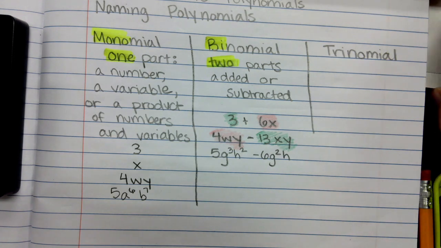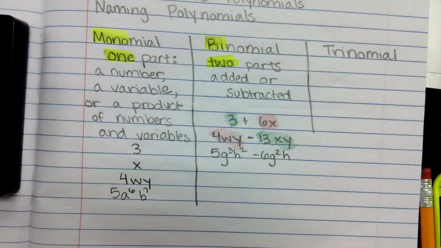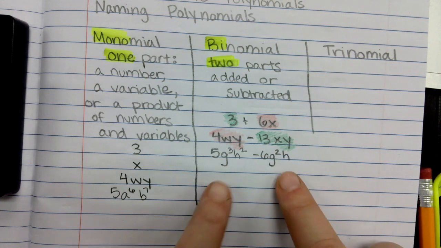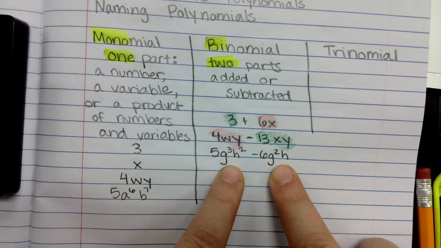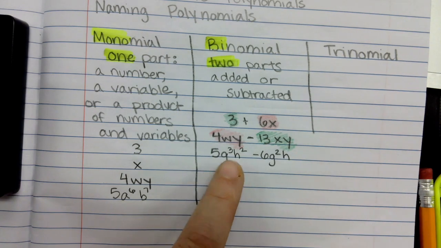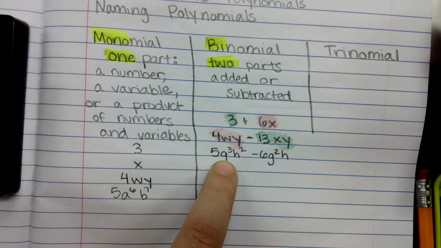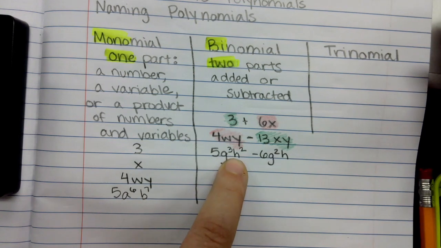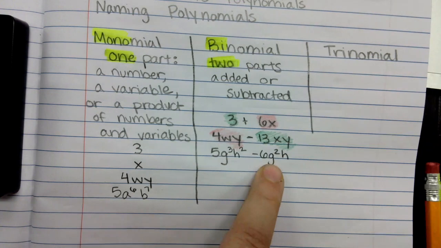So even though they both have a G and an H, are those exact same parts? No, this first one has how many G's? 3, and how many H's? 2 H's. This one has how many G's? 2 G's. How many H's? 1. So these are two separate parts. We have that 5g cubed as the first part, and 6g squared h is the second part. So that is our binomial.